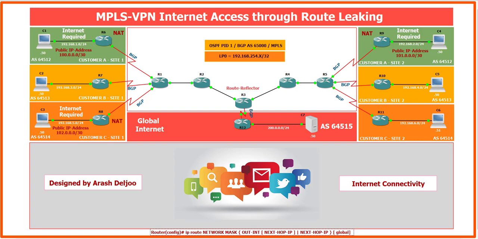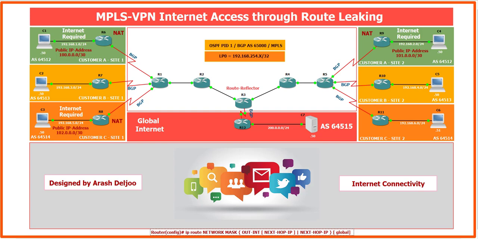Okay, in this video and also the two next videos, I'm going to show you how we can give the customers internet services. You know that internet is one of the most useful and most common services that every customer needs to use. Because of that, we can give this service to our customers.